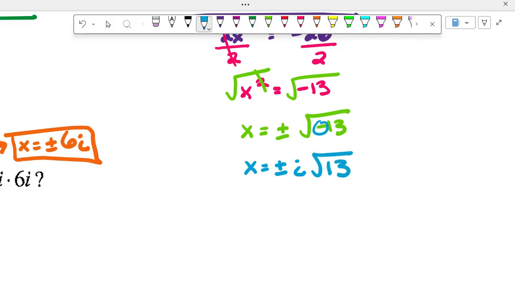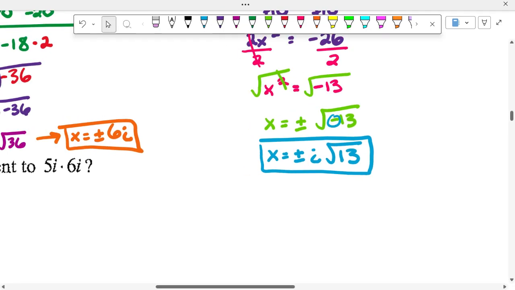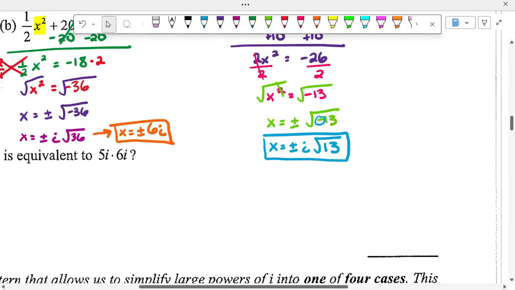We cannot simplify the square root of 13 any further because nothing divides into 13 besides 1. 13 is a prime number, so we end it there. Good job. Walking around the room, most of you got that. So even if you can't simplify the radical, if it's negative under it, you have to at the very least take the i out.